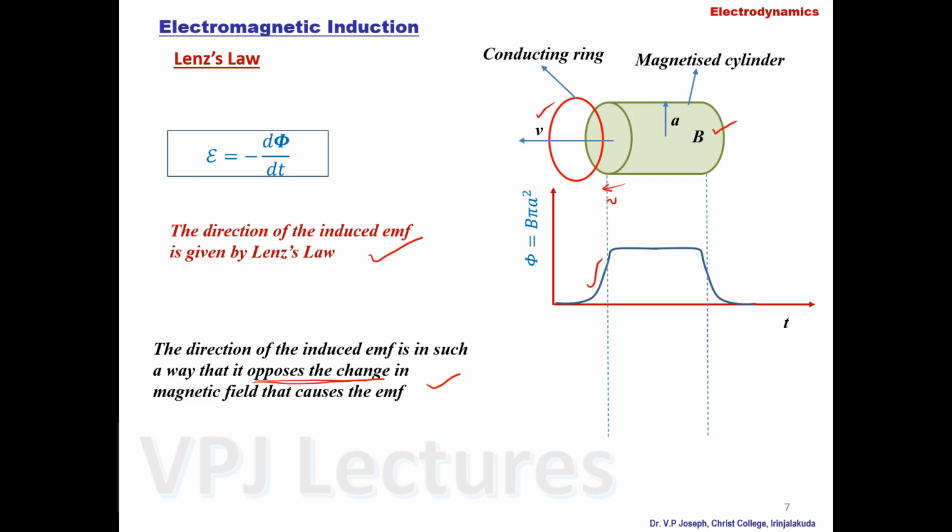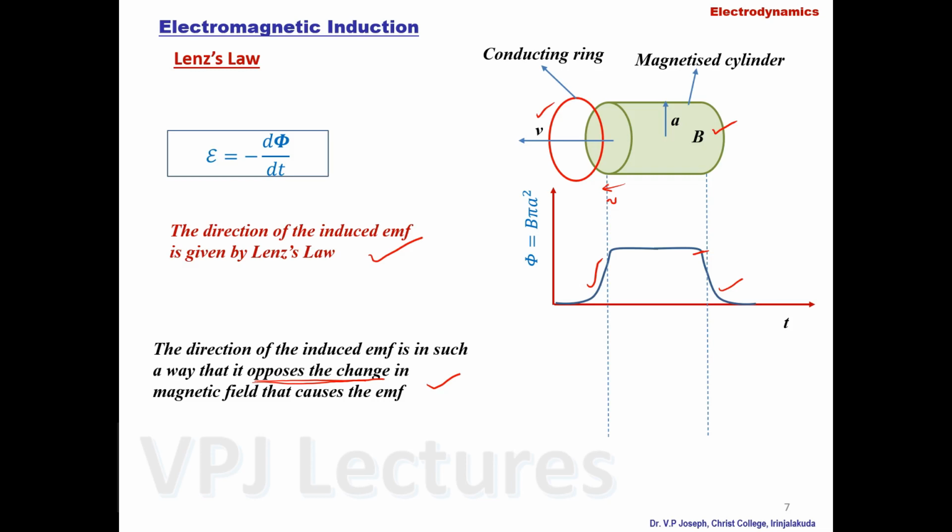The radius of the circular conductor is slightly greater than that of the magnetized cylinder, so that the cylinder easily passes through the conducting ring. Corresponding to this region, the cylinder is traveling out through the conducting ring. After that, again we can see that the magnetic flux associated with the ring is decreasing.